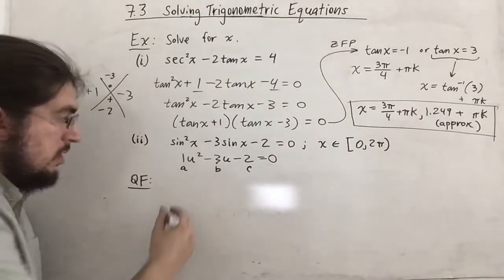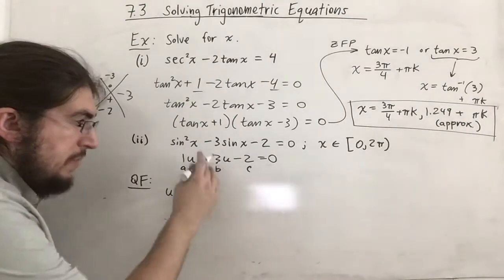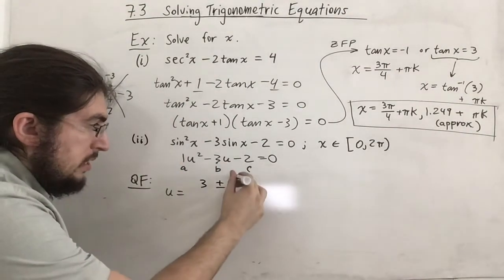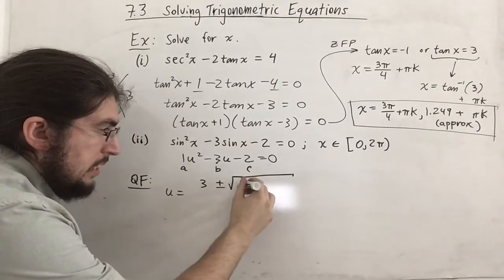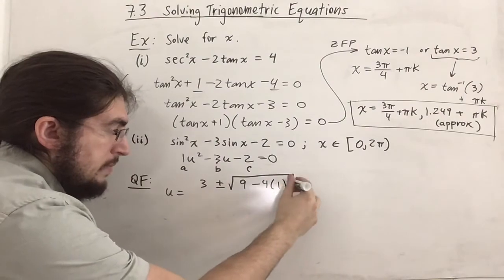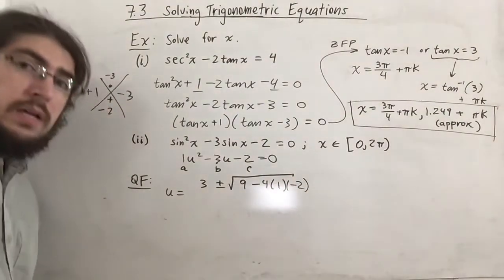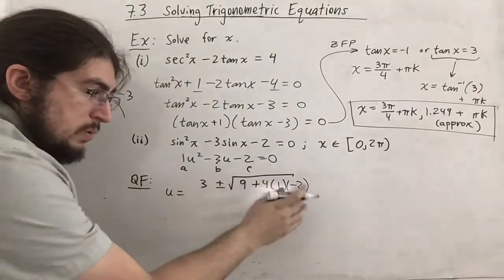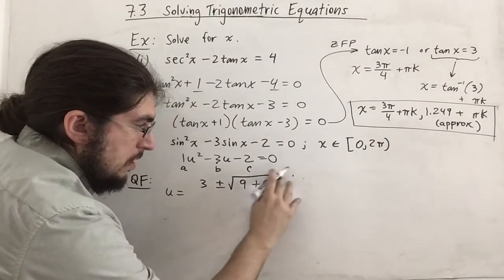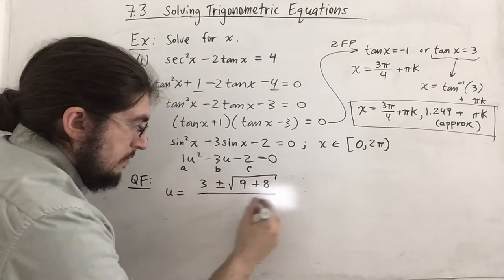If you recall, the quadratic formula says u is equal to negative b, which is positive 3 now, plus or minus the square root of b squared, that's negative 3 squared, which is 9, minus 4 times 1 times negative 2. Double negative is positive, and 4 times 1 times 2 is 8. So we'll get this all over 2 times 1.